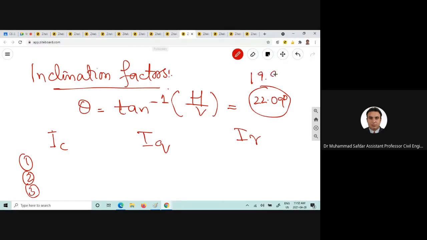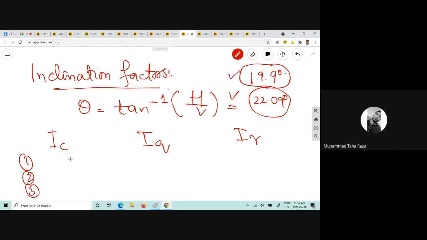I need a third value. Okay, it's almost the same, so I would assume that these values are okay.